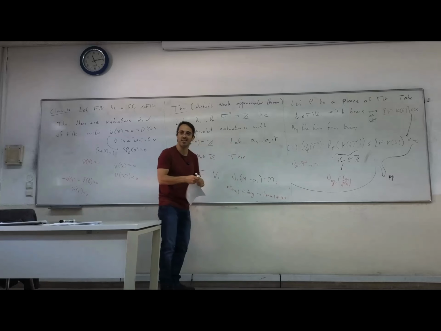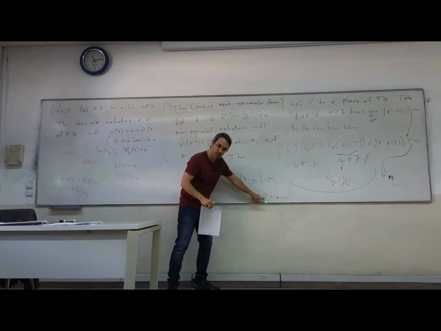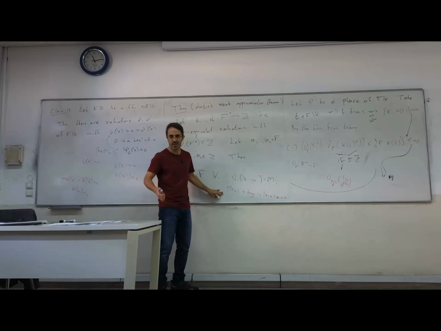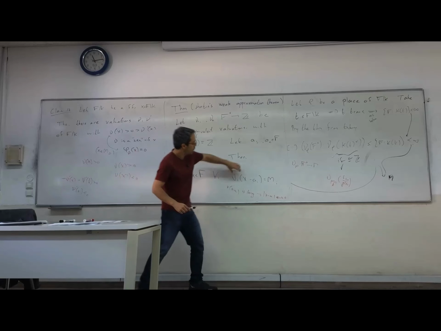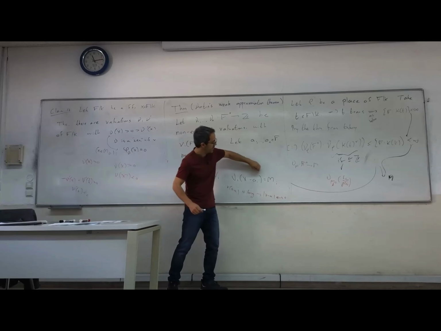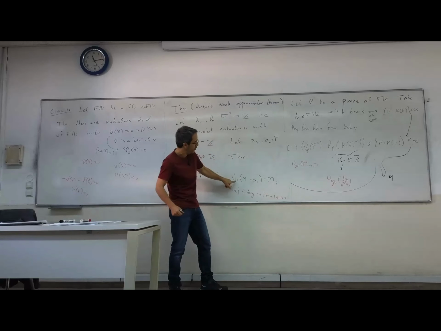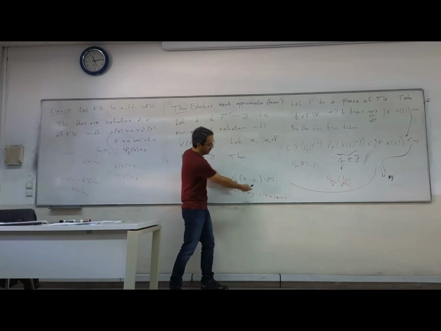There is a way to cook up an absolute value from a valuation. It's not important for us, I'm just saying that. And so when you see vi of x minus ai equals, like, 100, it means that these two things are very close with respect to the ith metric that you get.